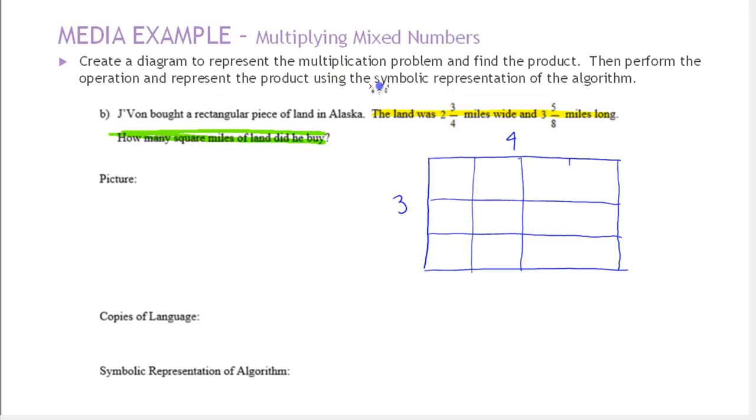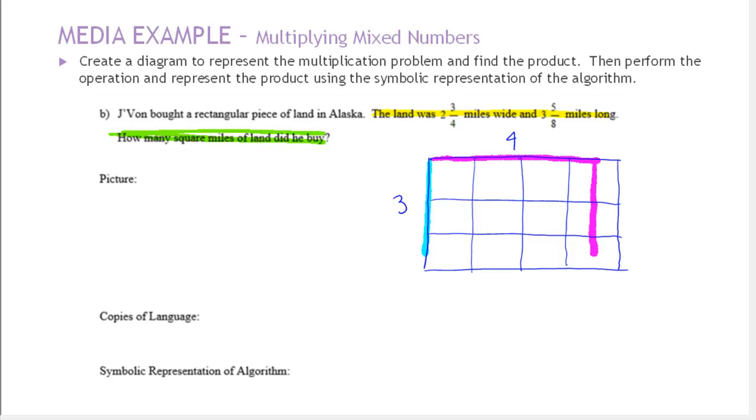Cut this into 4 pieces. Okay, and now I'm just going to make an estimate shade. Okay, 2 3/4 would be about to here-ish. Okay, and 3 5/8 would be 1, 2, 3, and a little bit more than half.